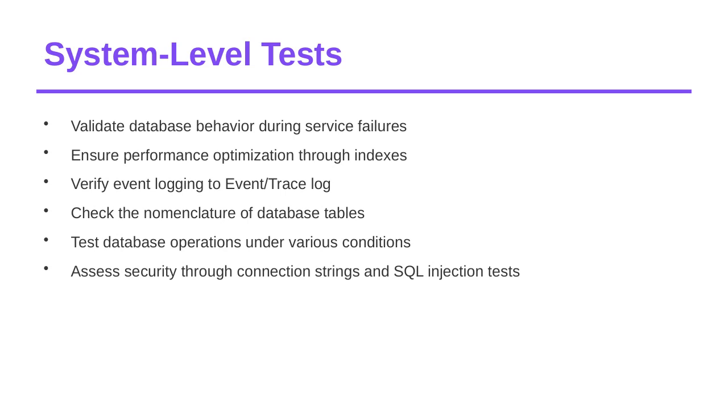Finally, security is a top priority, so we assess connection strings to ensure they are secure and run tests against SQL injection attacks to protect the database from malicious threats. Altogether, these system-level tests help validate not just data accuracy and integrity, but also the resilience and security of the entire database environment.